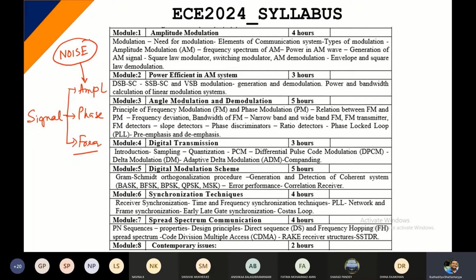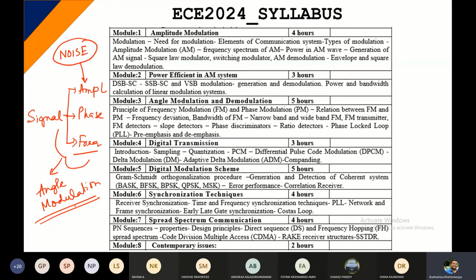This noise factor associated with AM can be hugely nullified using this particular angle modulation scheme. Clear? That is the basic reason why we are focusing on angle modulation.